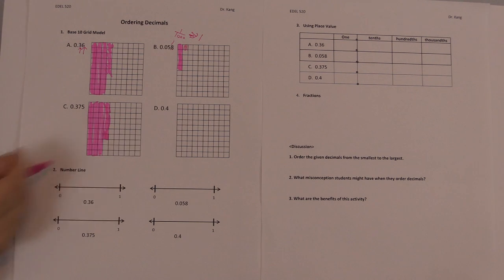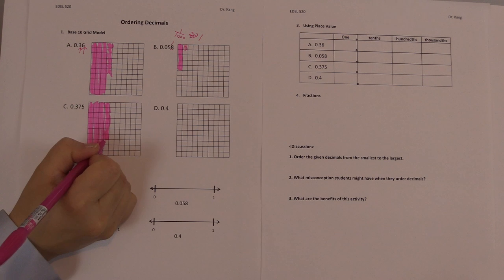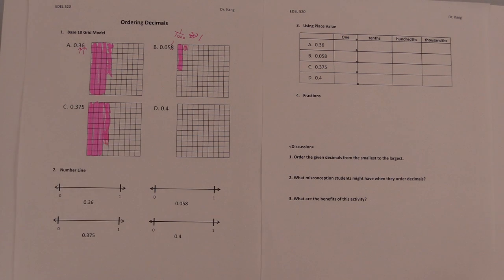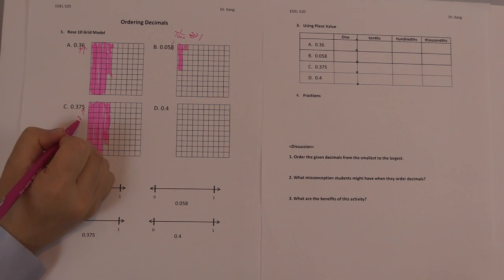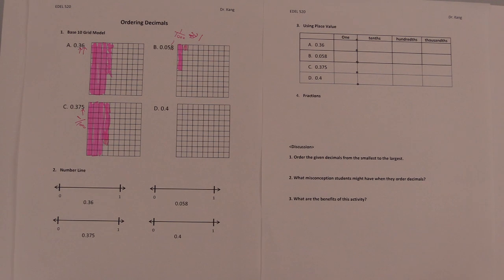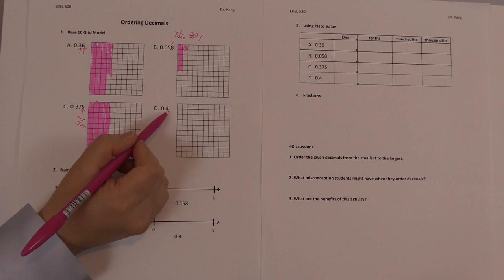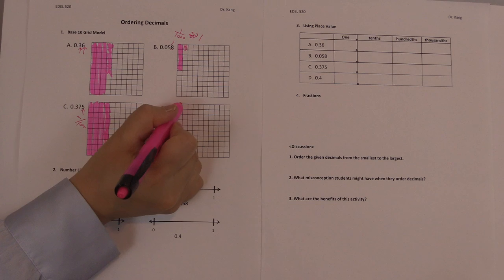Should I color 5 cubes? No. 5 squares? No, that's hundredths. This is 10 times smaller than hundredths. So I'm going to draw 5 lines: 1, 2, 3, 4, 5. That represents the thousandths place. So how do we read it? 375 thousandths, right? What about here? How many tenths? 4 tenths. So we're going to color in 4 tenths.